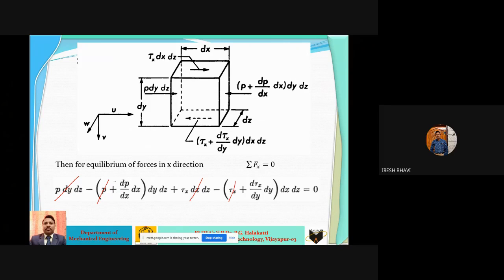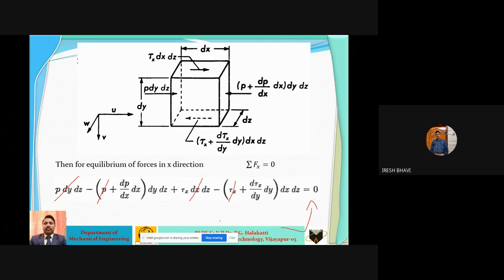Here it is minus dP by dx into dx dy dz, then minus d tau x by dy into dx dy dz. You can take dx dy dz common and send it to the RHS. So what will you get?